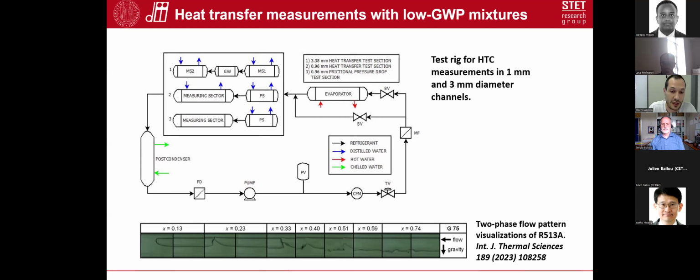This means that if we want to improve the models, we need first to improve the flow pattern maps. So it is particularly interesting and important to see the flow during the process of the two-phase transfer.